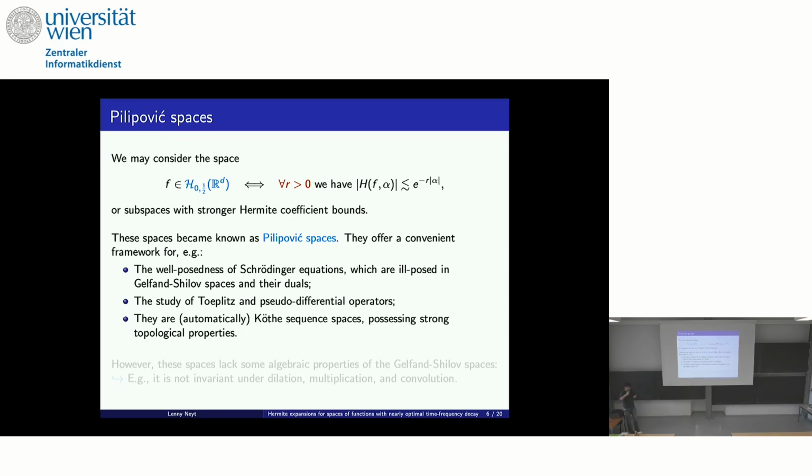So you automatically have nuclearity, you have kernel theorems. You look at partial differential equations on your spaces and then see, for instance, when does this have a linear right inverse? These are all things that come automatically when you have this type of Köthe sequence spaces. These are somewhat the optimal spaces for this. So in a sense, these spaces are, by design, made to be good extensions of the Gelfand-Shilov spaces.